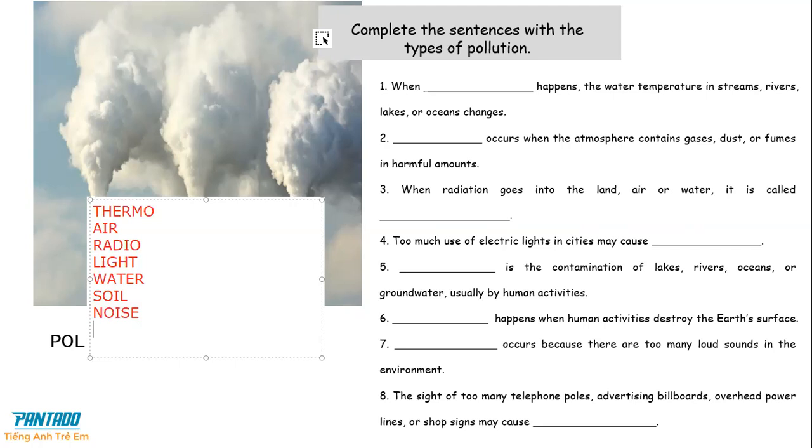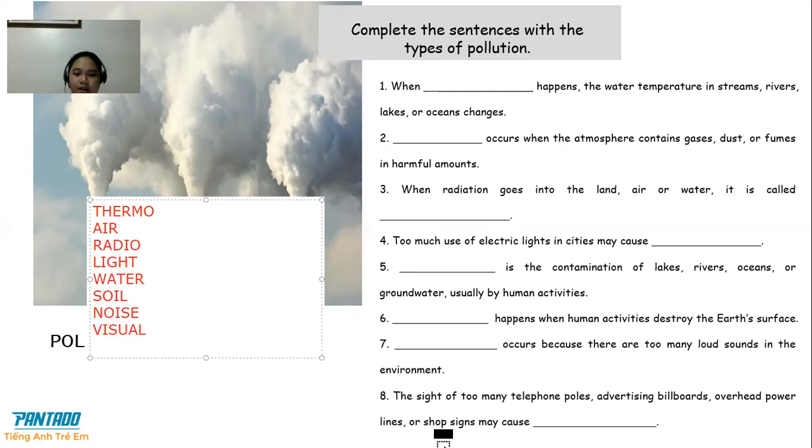Can you hear me? The sight of too many telephone poles, advertising billboards, overhead power lines, or shop signs may cause visual pollution. Hold on.